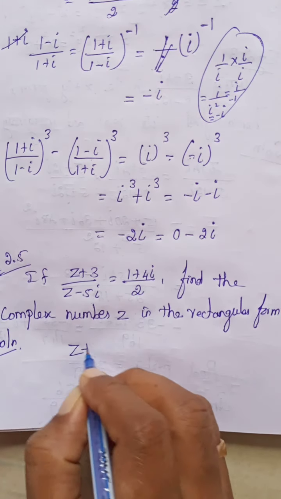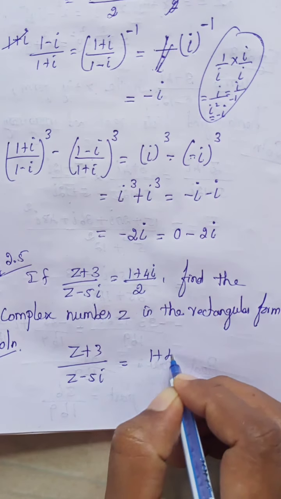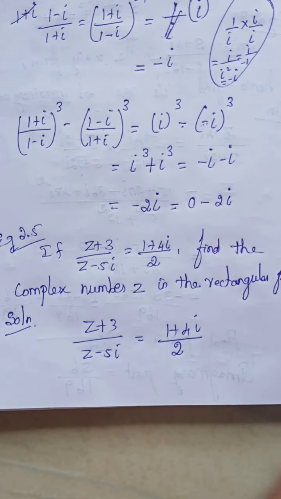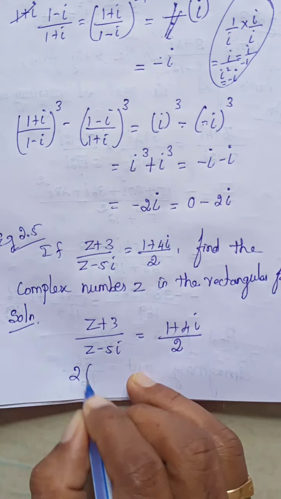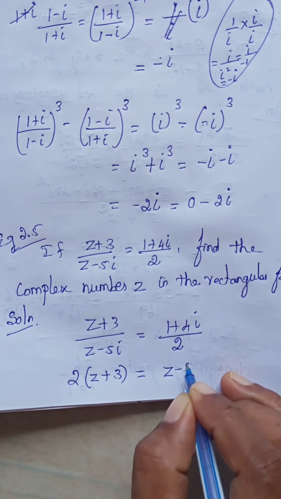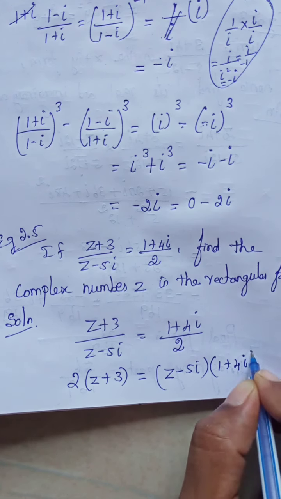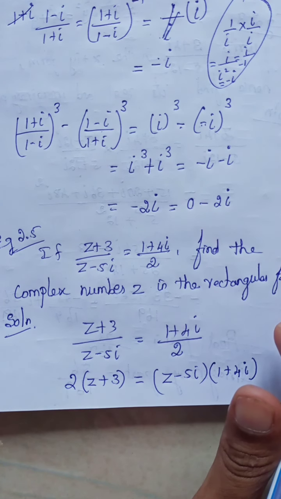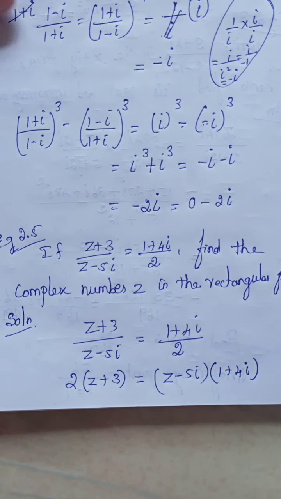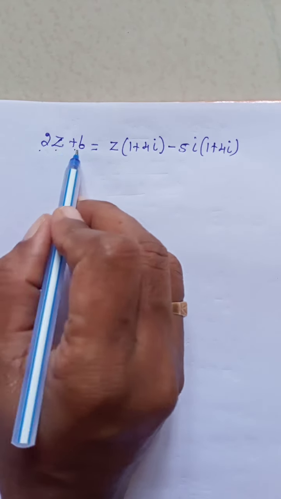See, (z plus 3) by (z minus 5i) is equal to (1 plus 4i) divided by 2. Just cross multiply and find out z first. So 2 into (z plus 3) is equal to (z minus 5i) into (1 plus 4i). See, I have just multiplied 2 into z plus 2 into 3 is 6.